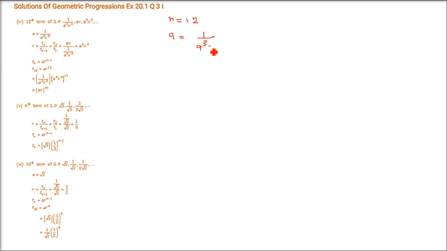A is the first term, 1 by a cube x cube. And then R is what? ax by 1 by a cube x cube, that is going to go up. It will be a to the power 5 x to the power 5, right?